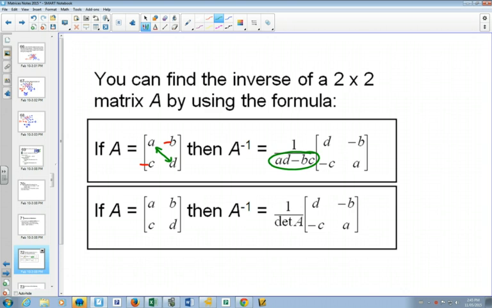If you do this every single time, when you multiply one by the other, you will get the identity matrix. We could prove it if we wanted to by using all the letters and multiplying it out, and you'd find out that you would get 1, 0, 0, 1 as a result.